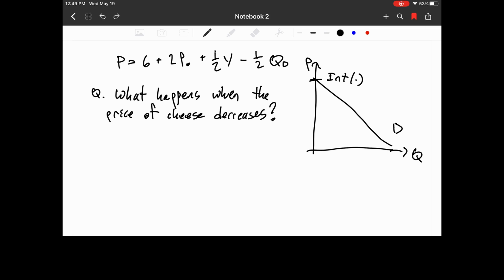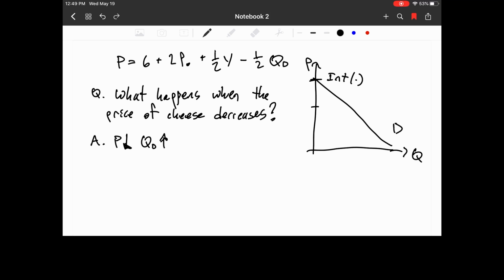As we've all learned from our intermediate microeconomics class, this is just the law of demand. So when the price of cheese decreases, we know price and quantity demanded are inversely related. So we know the quantity demanded of cheese is going to increase. We can illustrate this on the graph.